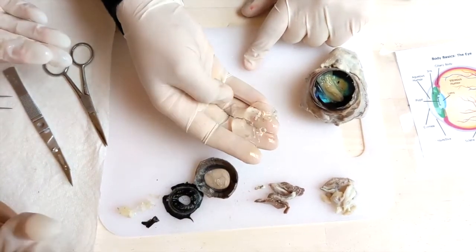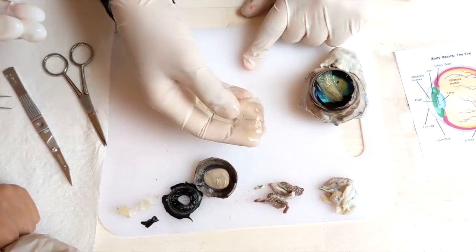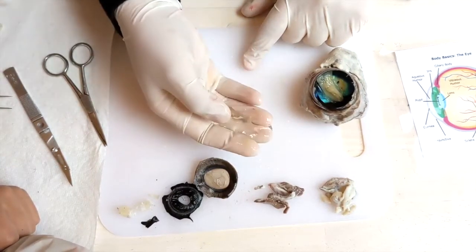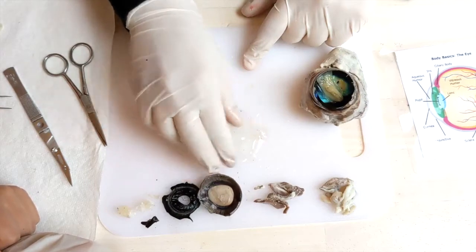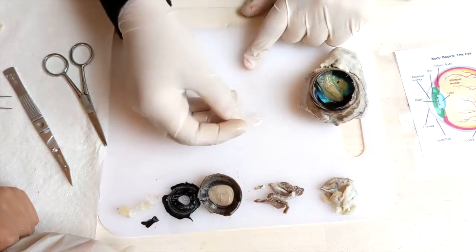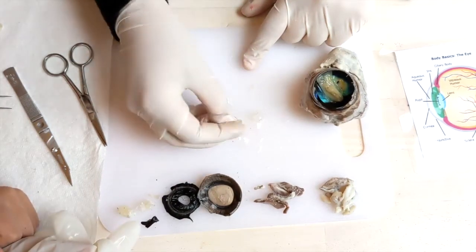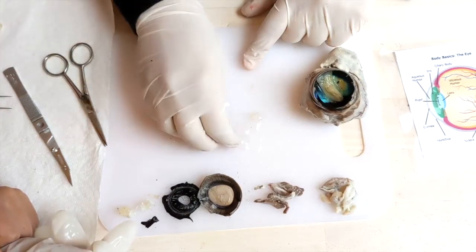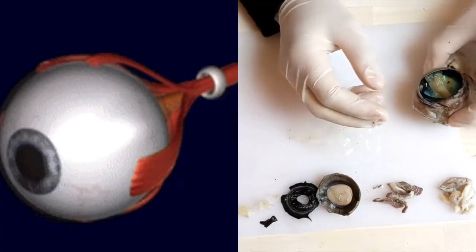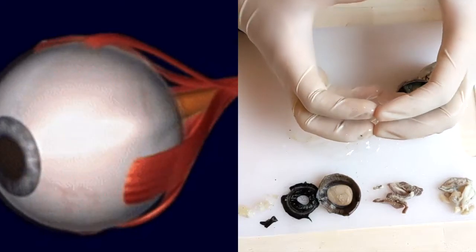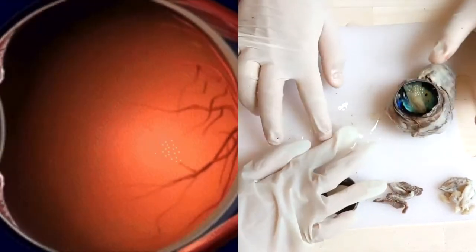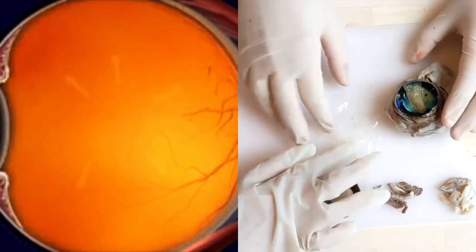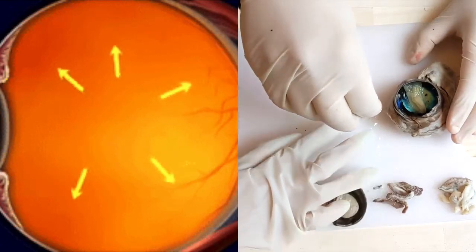The reason it's in the eye is not really to cushion, but to give the eye its food. It's made of protein, so it nourishes the eye, and it gives the eye the shape it has. Right, the eye looks like a ball. So it gives it the shape it has, and it also gives it its food. And this is the vitreous humor.